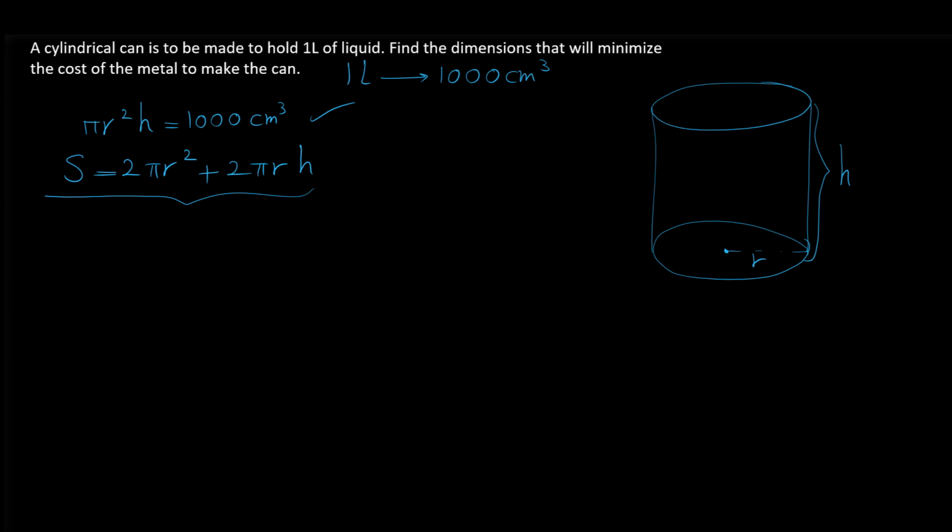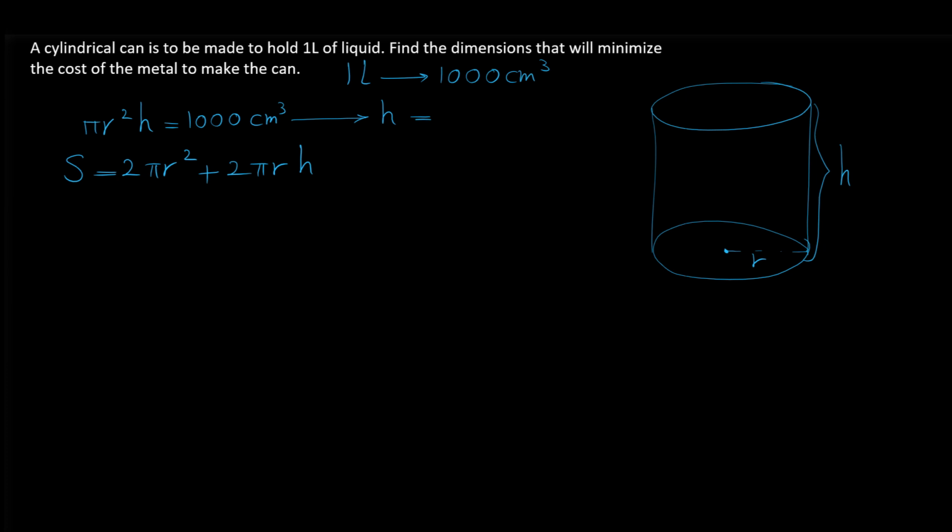Note that the function s has 2 variables, r and h, and as usual we have to try to rewrite it in terms of 1 variable. From our constraint, we can easily find h in terms of r.